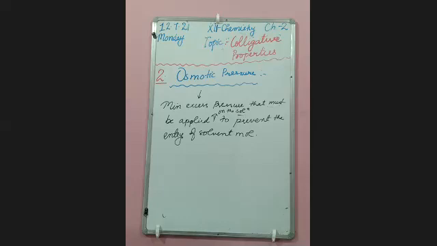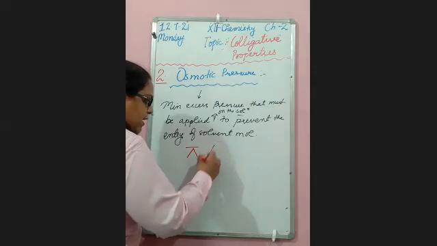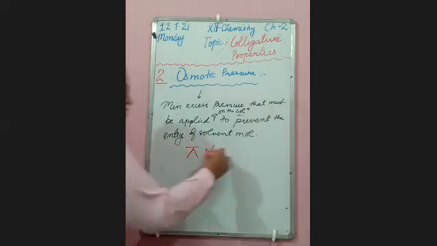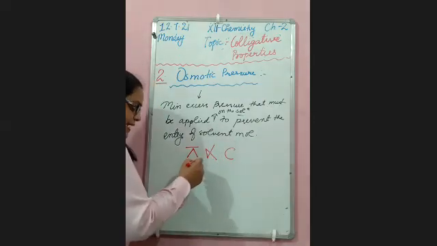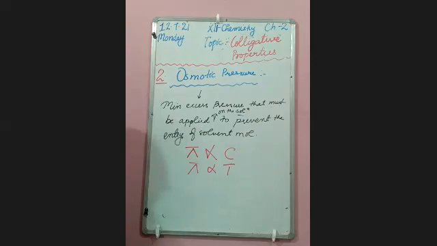Okay, so now our next concern is how can you say that osmotic pressure is a colligative property. Osmotic pressure, represented by pi, is directly proportional to C, concentration, and it is also directly proportional to T, temperature.